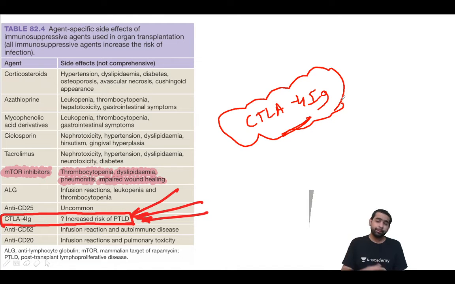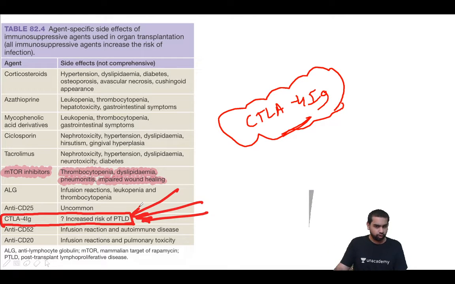Because this may replace the calcineurin inhibitors, because as I told you, one of the very basic, grave things which we face with the calcineurin inhibitors is the nephrotoxicity. So if it can replace the calcineurin inhibitor, it is a very good thing, because the nephrotoxicity will not happen. But this particular agent, the example of this is belatacept, and this is the one which is responsible for increased PTLD. So just remember this.